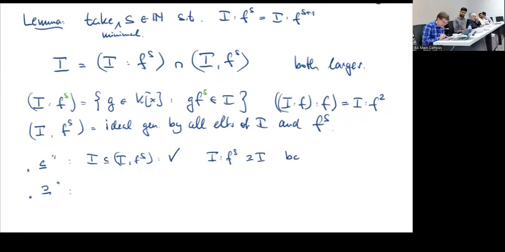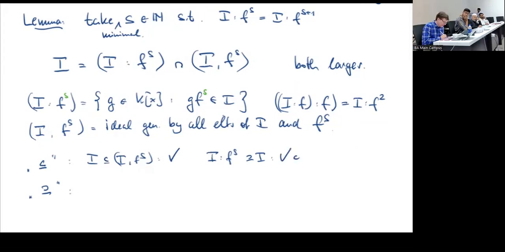Okay, so you check for both individually. This one is really obvious, and this one you check with this formula by putting an element of I here. You get an element of I times something, and of course it's in the ideal. Just a check mark.